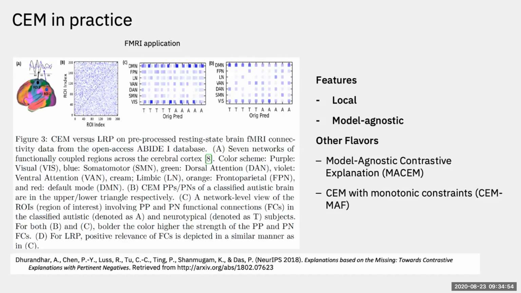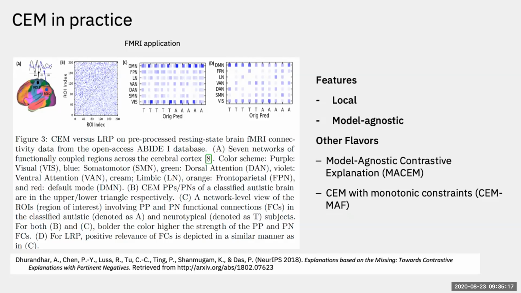Now the two heat maps show the results of the CEM algorithm, and the right one is for the LRP algorithm. As we can see here, the CEM algorithm highlights two different coefficients, one for pertinent positives and another for pertinent negatives.